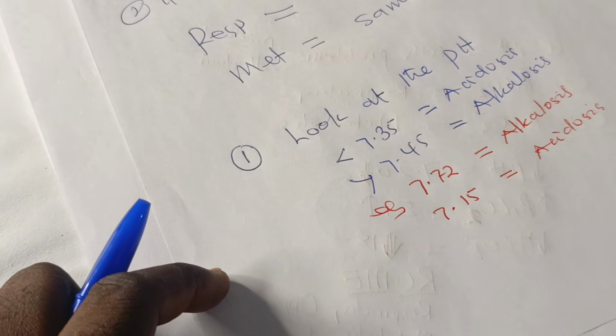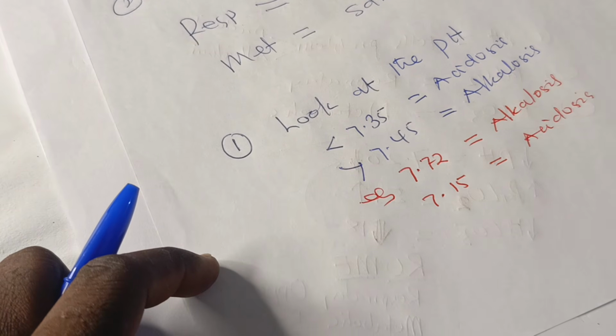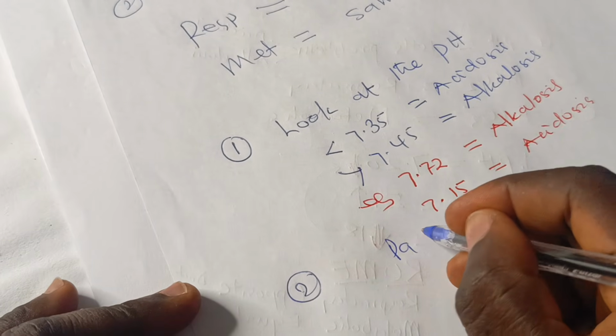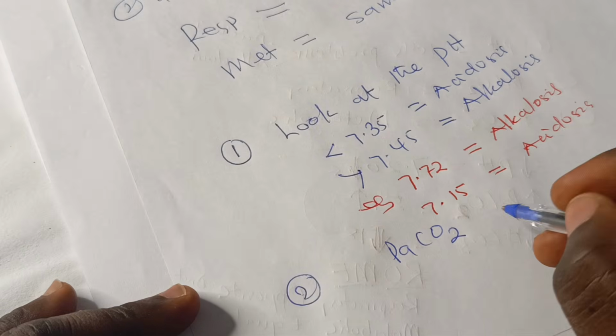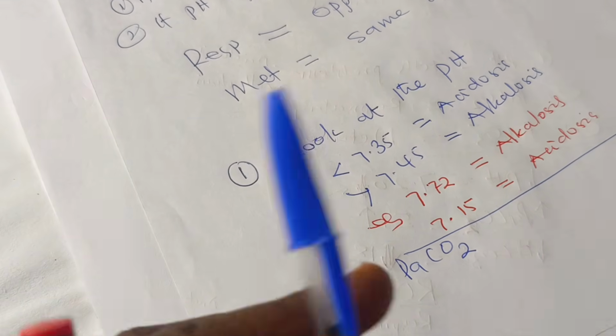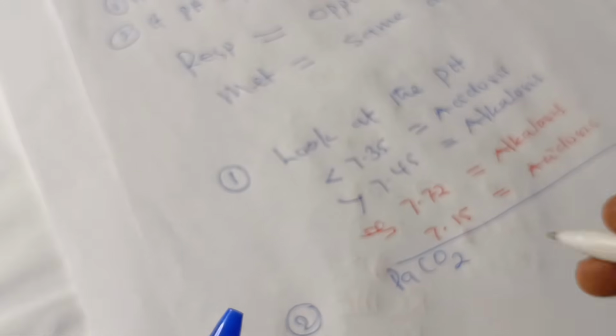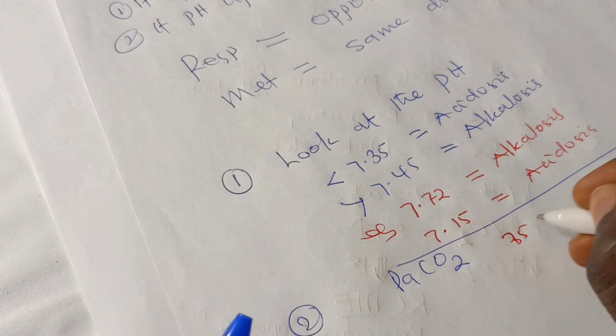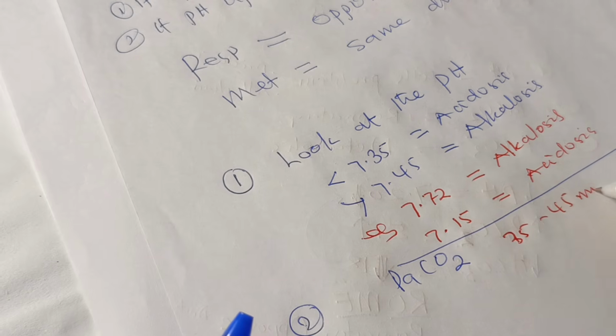Very, very simple. Then step 2, you look at the partial pressure of carbon dioxide. The normal value is 35 to 45 millimeters of mercury.